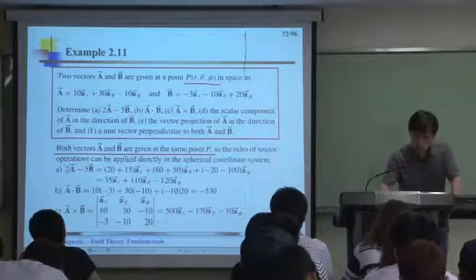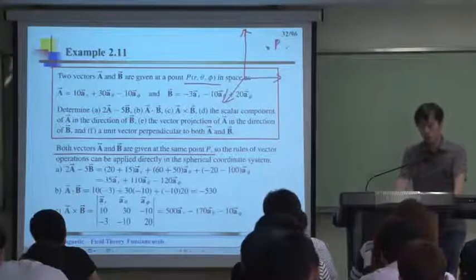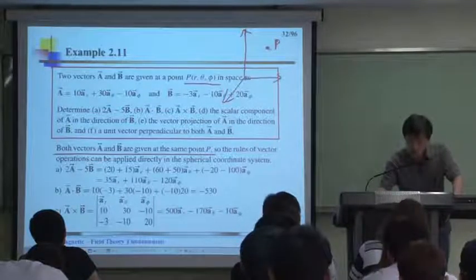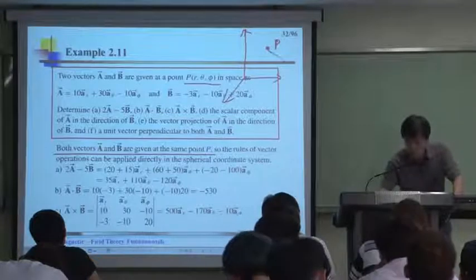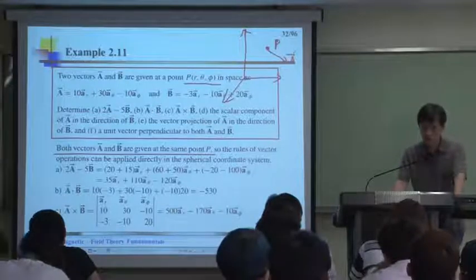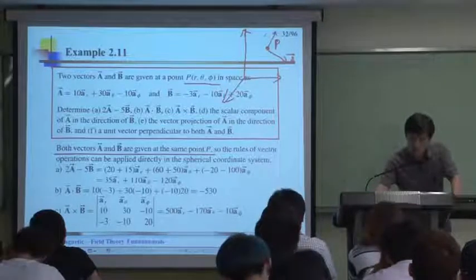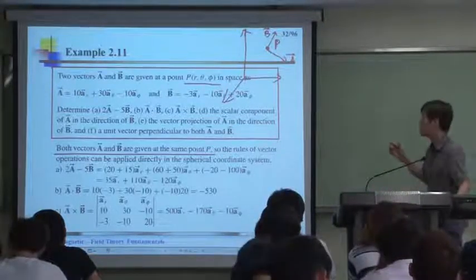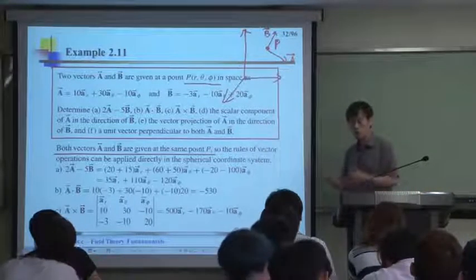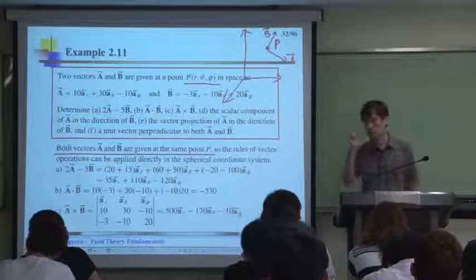For example, in the x, y, z coordinate, P vector is given at this point, and the vector A is given at this point. A vector is like this, and B vector is like this. It means A vector and B vector have different magnitude and different direction, but both of them are located at the same point. Okay, that is the key.